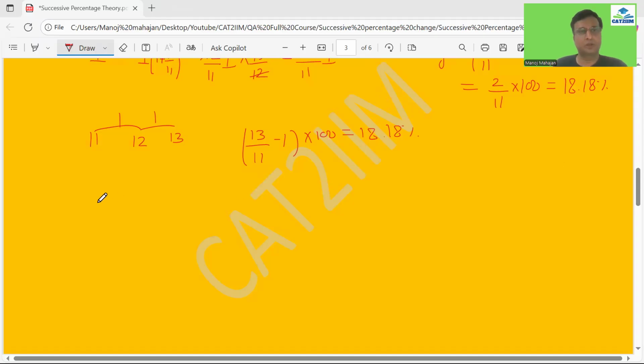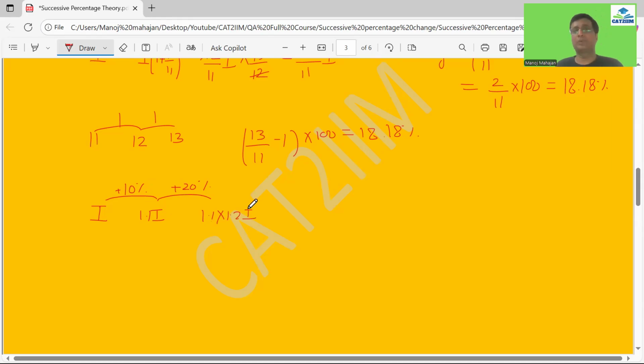Now let's look at one thing over here. We took the example of first increasing the initial value by 10% and then increasing it by 20%. Remember one thing out here, that the ultimate multiplying factor we had was 1.1 into 1.2 of the initial, right?